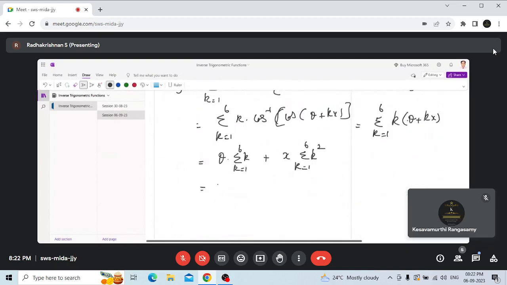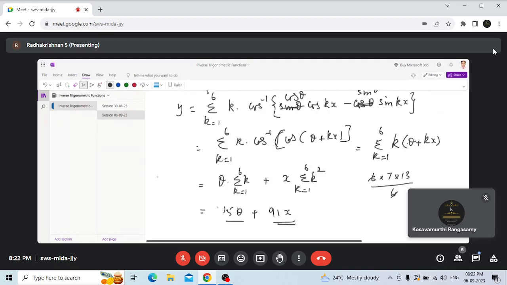Okay, so now when we do this, what will this become? So this will become 15 theta plus, 6 into n plus 1 into 2n plus 1 whole divided by 6. That means this is 91. So this expression now becomes 15 theta plus 91x.